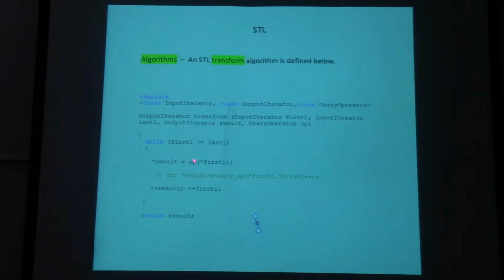So it looks like OP looks like a function call, doesn't it? It looks like a function call of the dereferenced first element. And then I'm going to say plus plus result, and I'm going to say plus plus first.